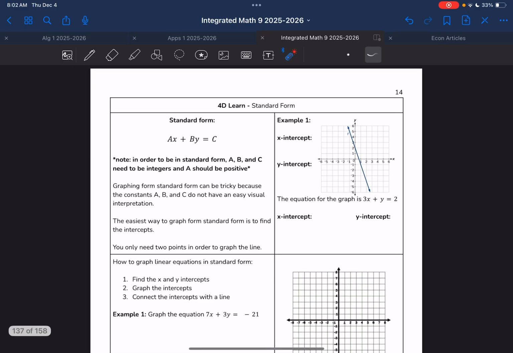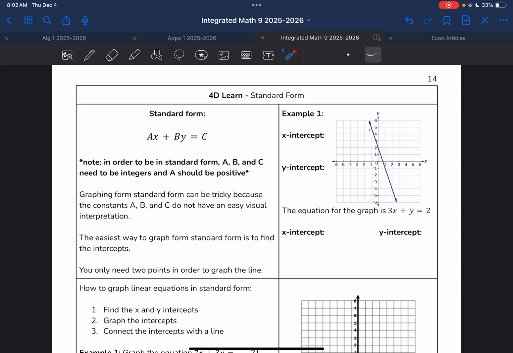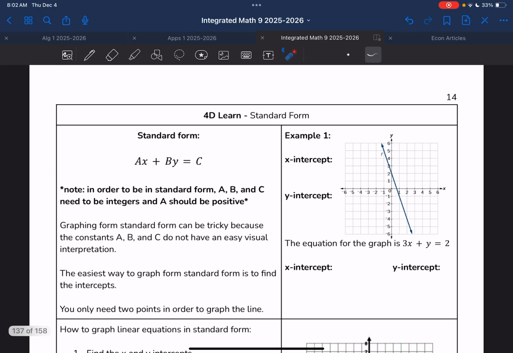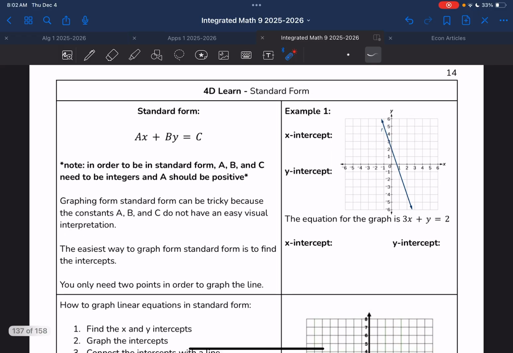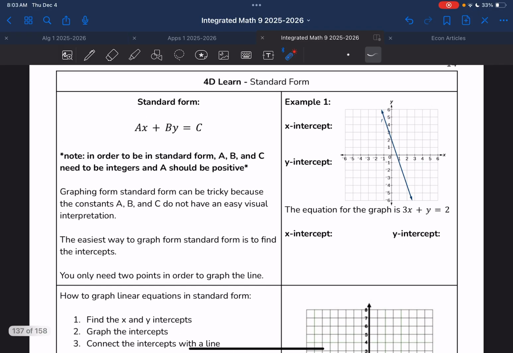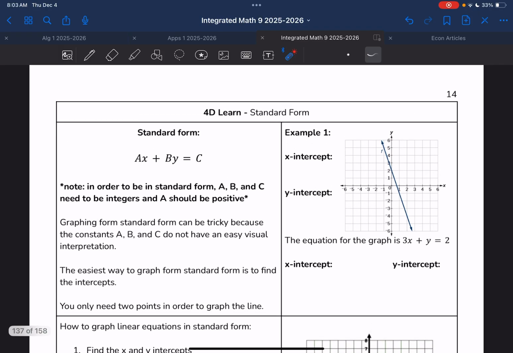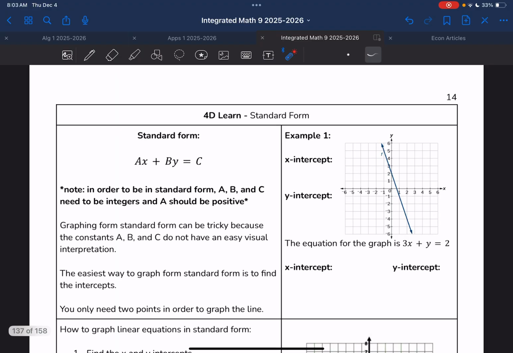Okay, so moving on to page 14, this is standard form. Standard form can be a little bit tricky to work with. It's always written in the form ax plus by equals c, and the convention is that a, b, and c will all be integers, and a should be positive.